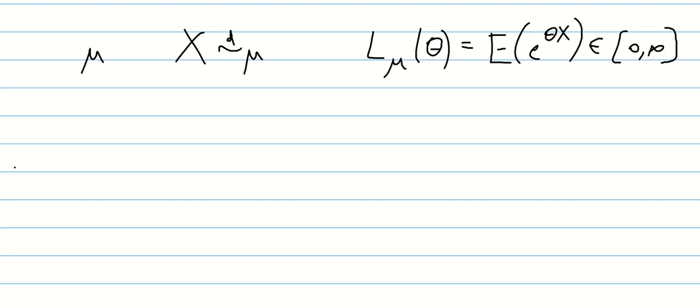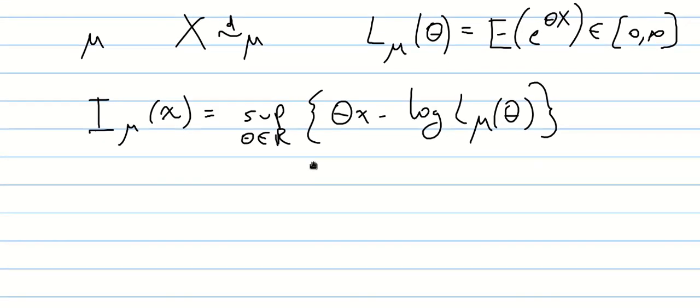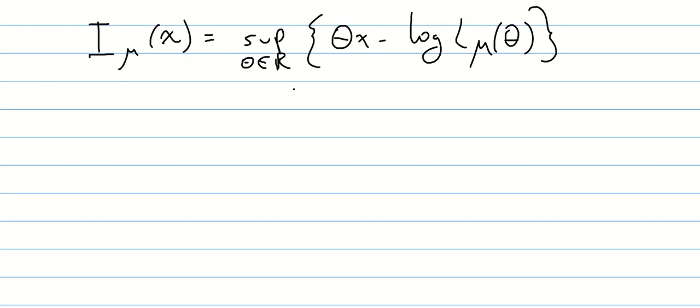And then we defined the Legendre transform of the Laplace transform, which is the rate function. So at point x, this is just the supremum over theta of theta x minus the logarithm of the Laplace transform. And we had an interpretation for this that's going to become even more clear after the following proposition.